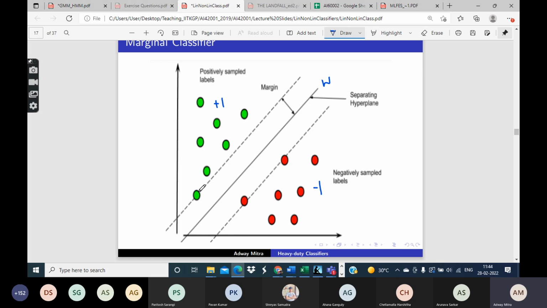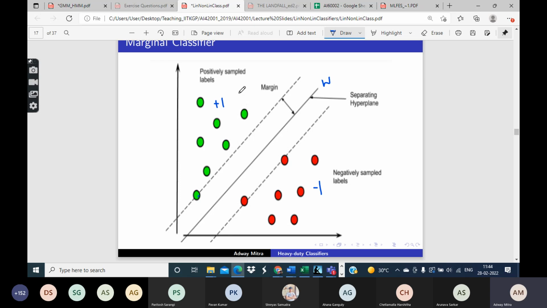That means the minimum distance of the green points from that line is 0, which means there has to be at least one green point sitting on that line. So this line, we will call it the marginal classifier of the green points. Note that there can be multiple marginal classifiers.